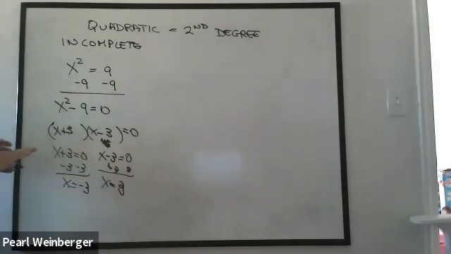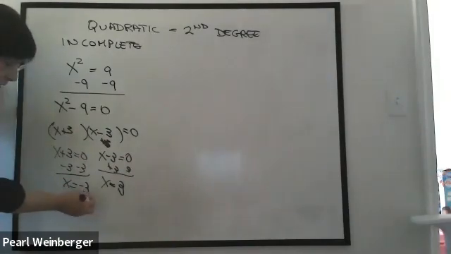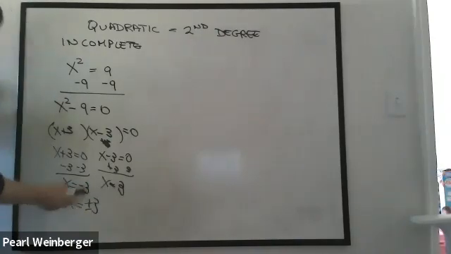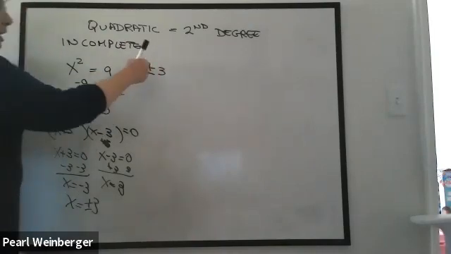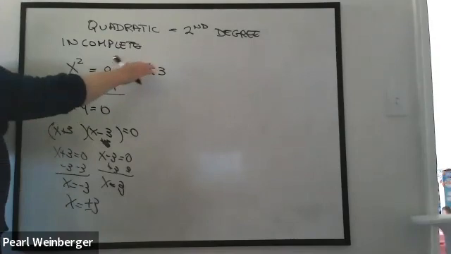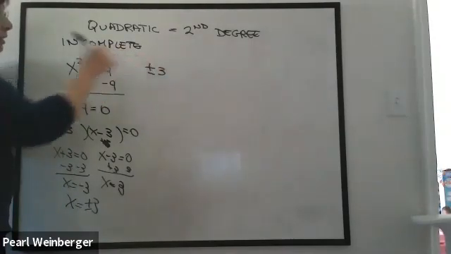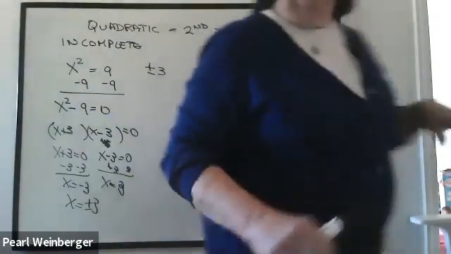In other words, we get our two answers, negative 3 and 3. Since these are both the same number, sometimes what we write is x equals plus or minus 3. This symbol, where you have a plus over a minus, is just a shorthand way of writing. One answer is positive 3, one answer is negative 3. It just saves me the time of writing the 3 twice.